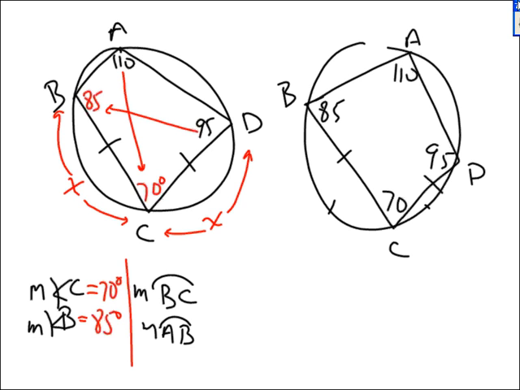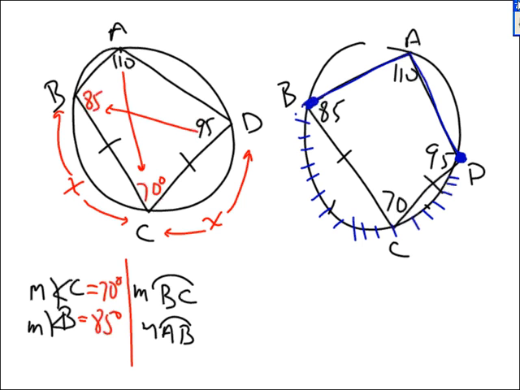Well, opposite 110, the arc cut off by the 110 angle is this arc right here. This angle A, the sides that made up A, they start at B and they start at D.